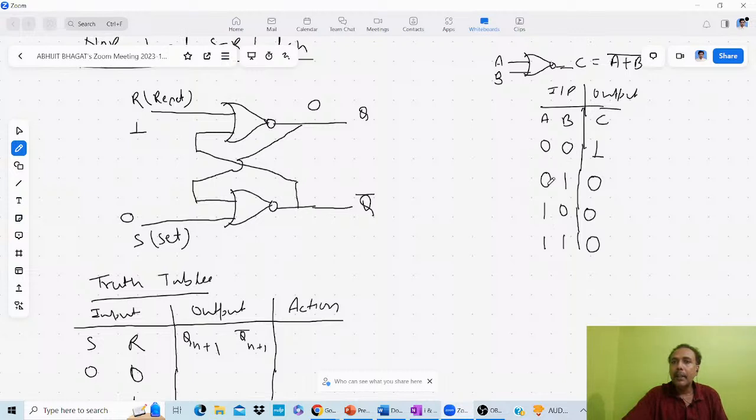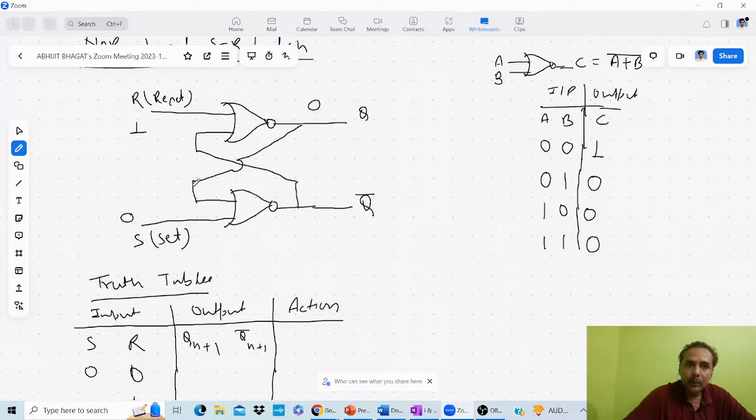Any two input, any one output is 1, your output will be 0. So here since R is 1, here it is 0. Okay. Now when this is 0, 0 means it is connected to this NOR gate.